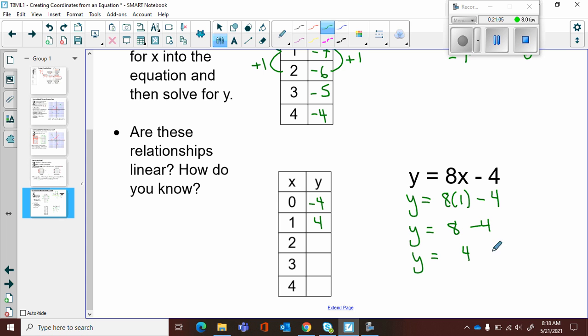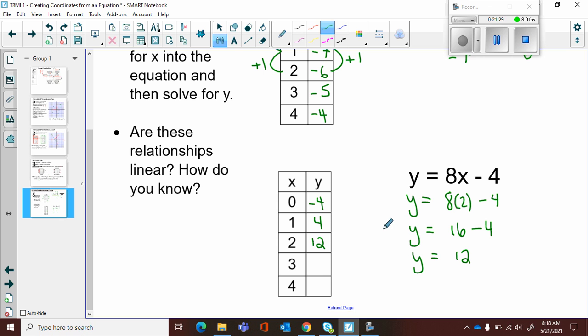Let's try our next one. My next value is 2. So I'm going to say 8 and put in a 2 for my x. 8 times 2 is 16. And 16 minus 4 is 12.